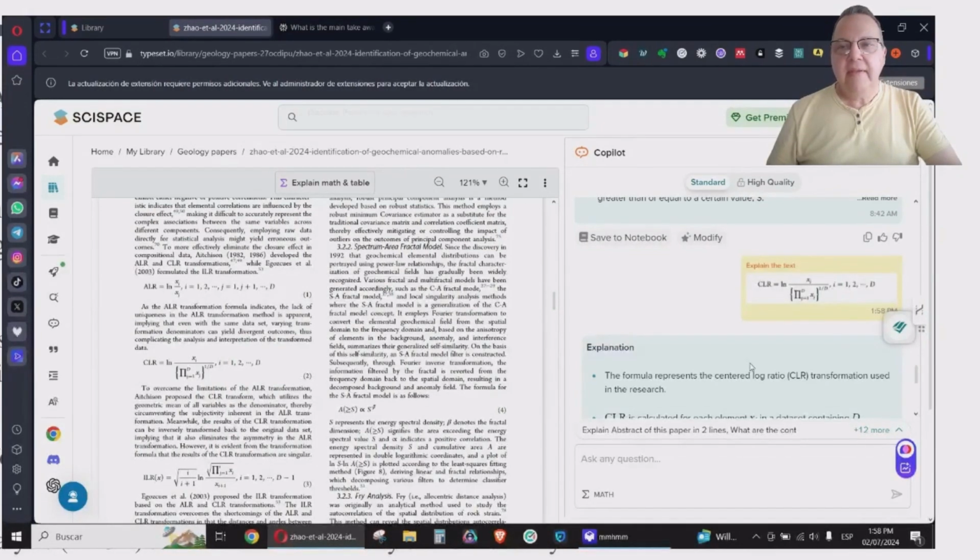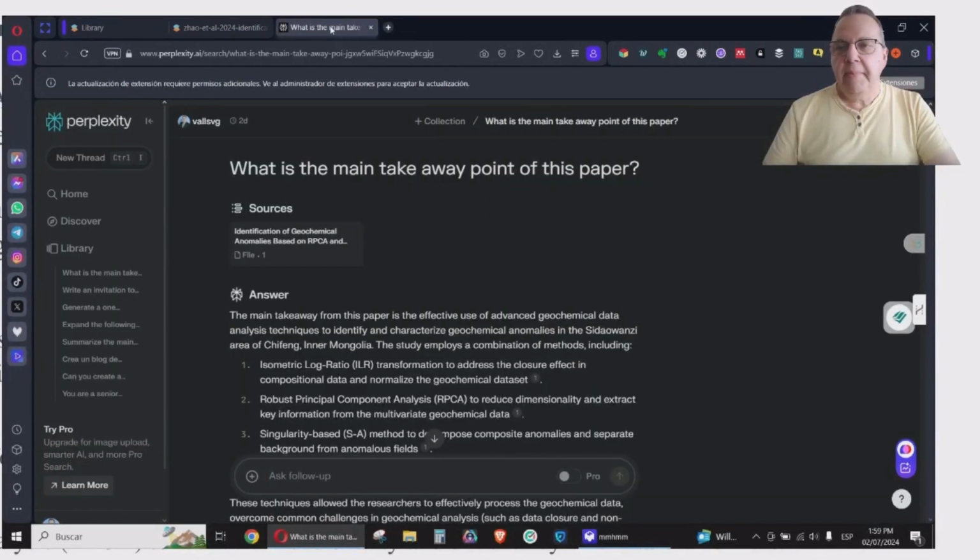Now, this is a very dedicated software, SciSpace, but you can also get the same results by using ChatGPT or Perplexity. In Perplexity, for example, here I just uploaded the whole paper as a PDF.